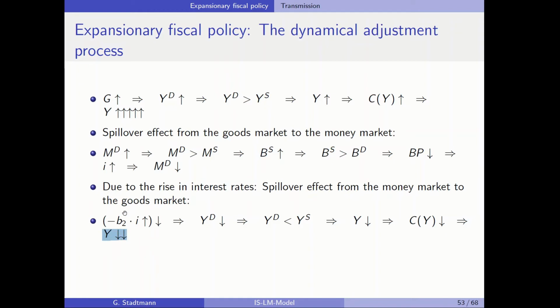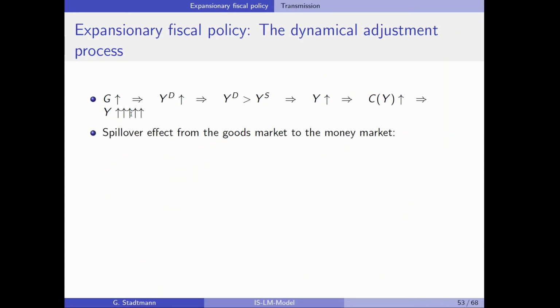In the end, when we combine this direct effect and this indirect effect, GDP still increases. GDP increases by three arrows here. So in a pure goods market model, only the first line would be valid in order to explain why we have a big effect on GDP. But in this ISLM model, this increase in GDP has an effect on the interest rate, which increases, and therefore the effect on GDP is limited.